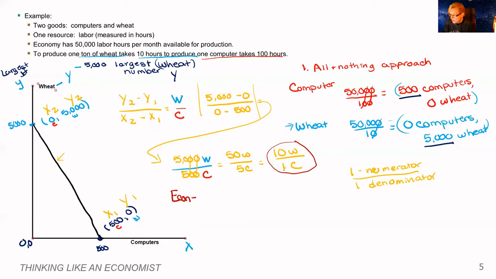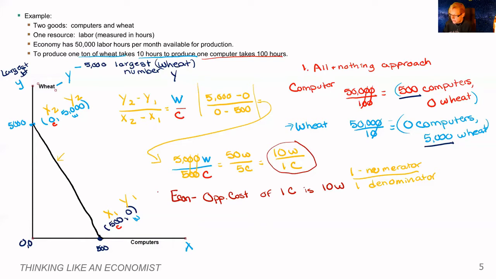I'm going to start with the product that I have a 1 signifying, so that would be computers here. The opportunity cost of 1 computer is 10 wheat. This means every time I produce 1 computer, I give up 10 wheat.